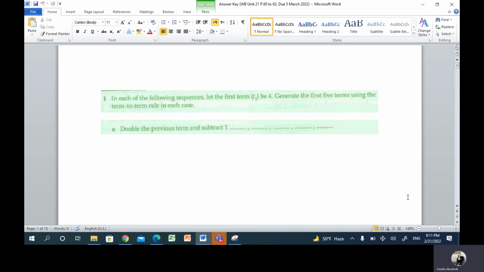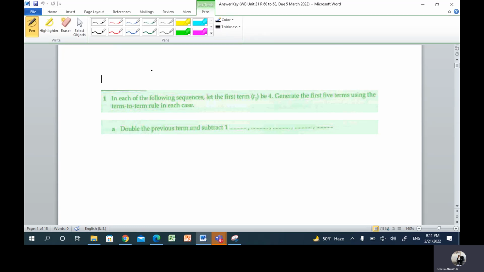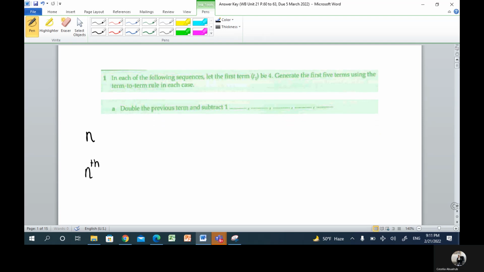In each of the following sequences, let the first term be 4. Generate the first 5 terms using the term-to-term rule, which is given as follows. Always when we work in sequences, there is the n and there is the nth term, and the term-to-term rule.